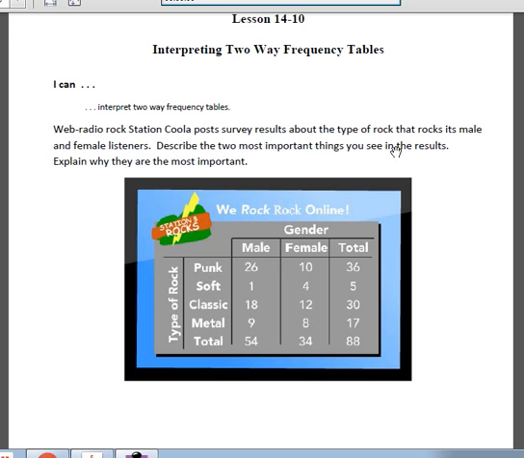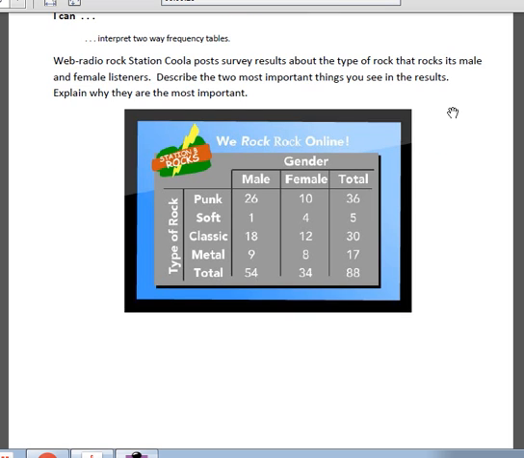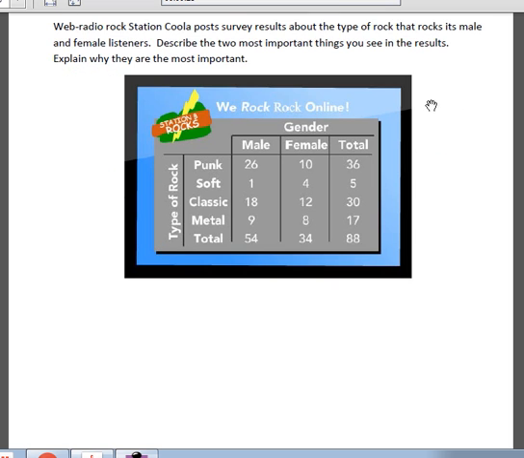Let's go ahead and take a look at the lesson target. I can interpret two-way frequency tables. Pretty straightforward, kind of goes along with the title. Alright, so we have an example two-way frequency table.